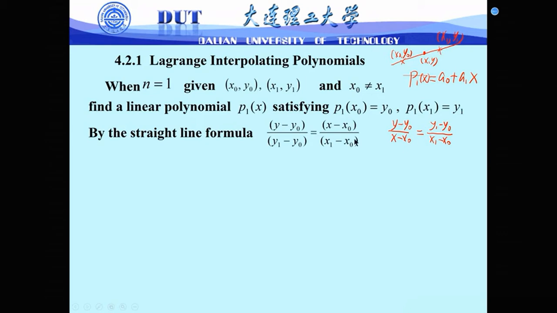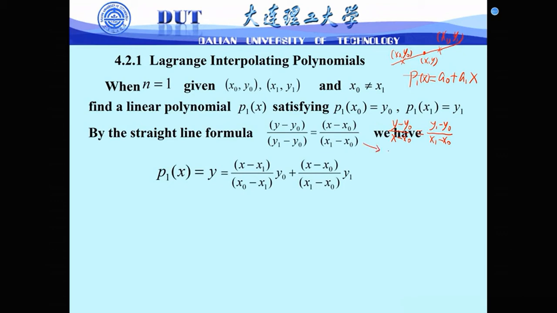Then, y minus y0 equals (x minus x0) multiplied by (y1 minus y0) divided by (x1 minus x0). We just multiply x minus x0 to this term.